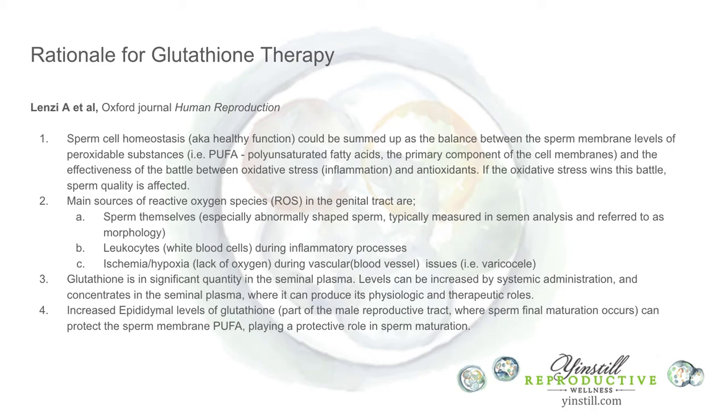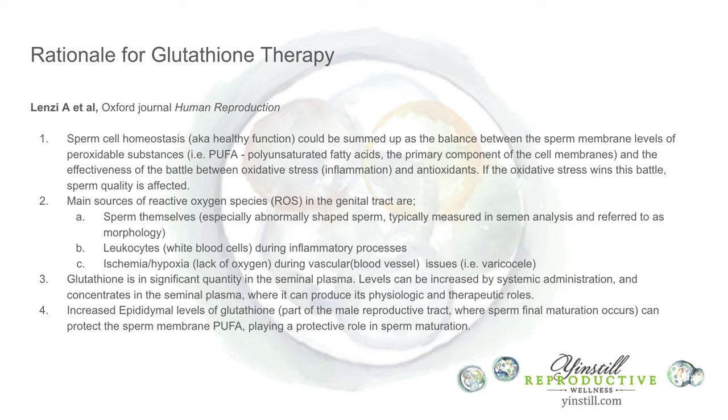Glutathione is in significant quantity in the seminal plasma, the fluid that the sperm is in. Levels can be increased by systemic administration, and it concentrates in the seminal plasma where it can produce its physiologic and therapeutic roles, so where it can protect sperm.